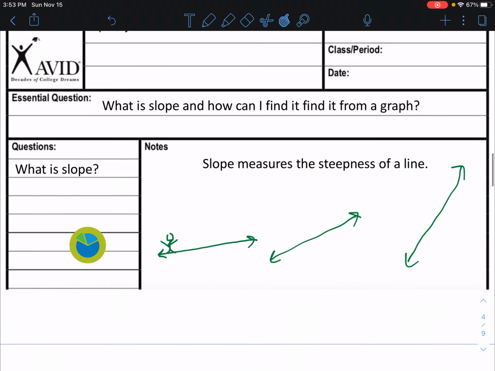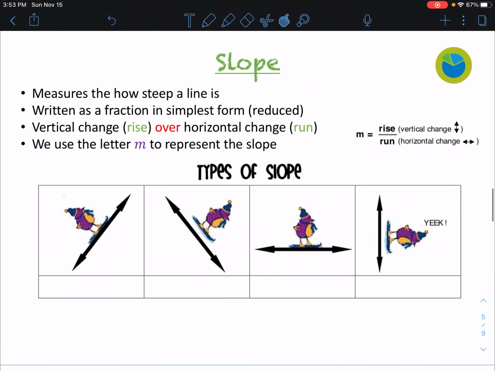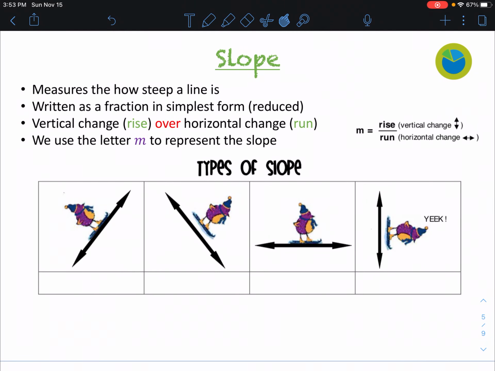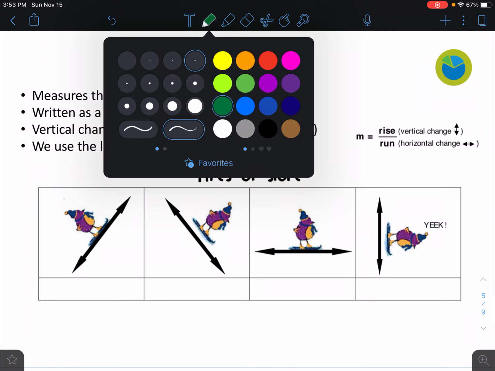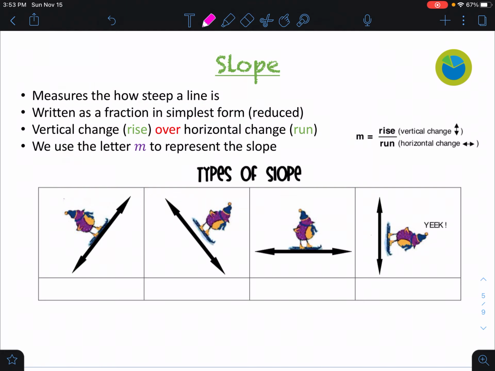All right, some things about slope. This is kind of an important slide right here. Let's talk about this a little further. First of all, slope measures how steep a line is. It is always written as a fraction in simplest form. It must be reduced. That's why we spent a little time reducing fractions. And how do we find it?